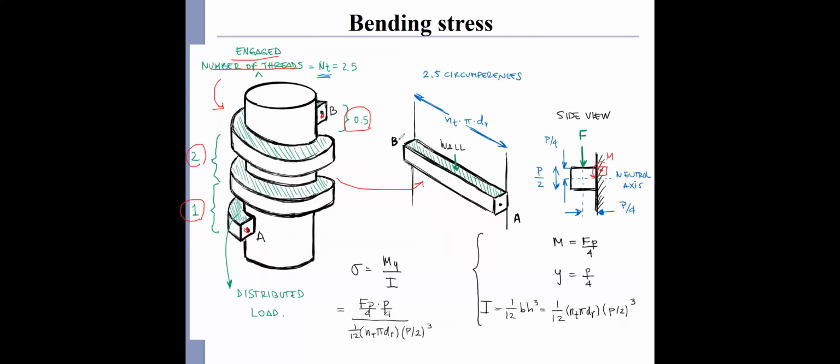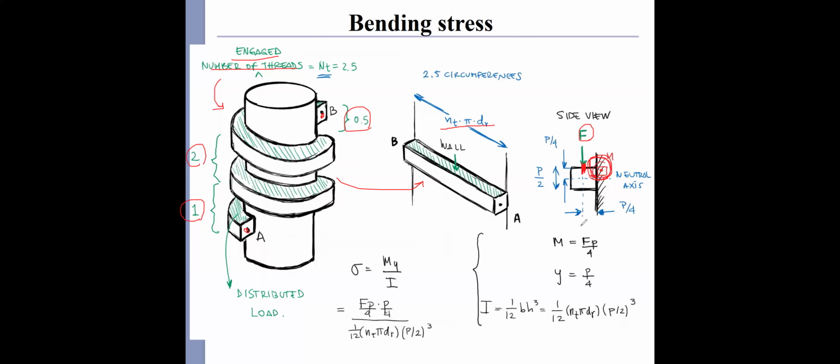We can define the length of this rectangular AB bar as NT times pi times dr. If the cross section is a square, because this is a power screw with a square thread, we can assume that the distributed load is a point load applied at the center position.